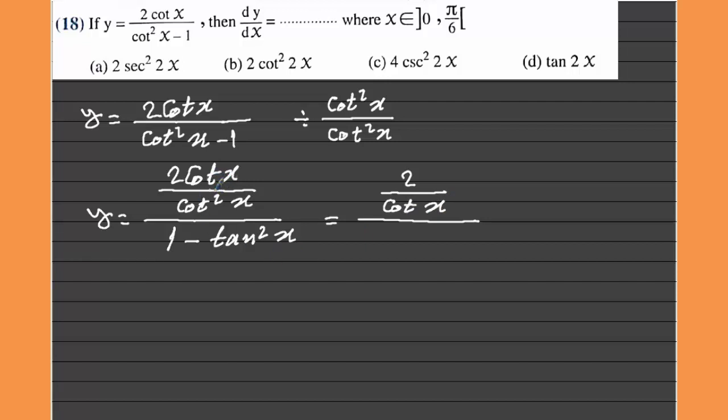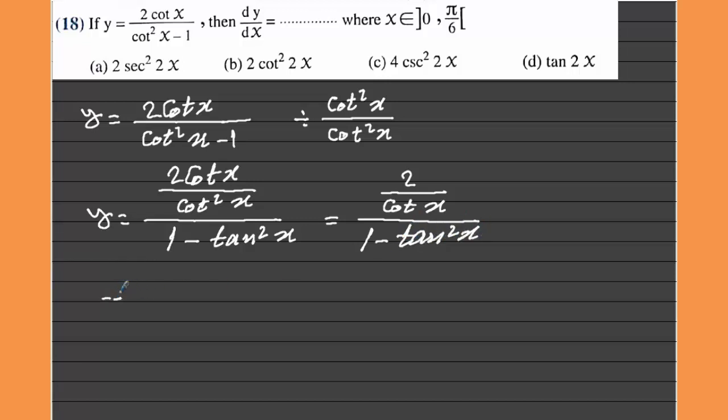Here we simplify cotan x over cotan square x equals 1 over cotan x, multiply 2. So the numerator is 2 over cotan x, over 1 minus the same denominator tan square x.